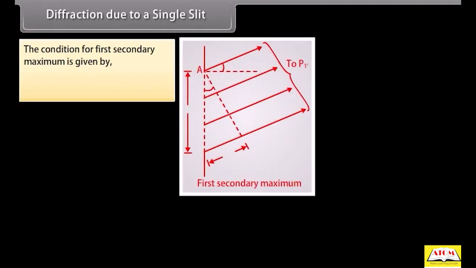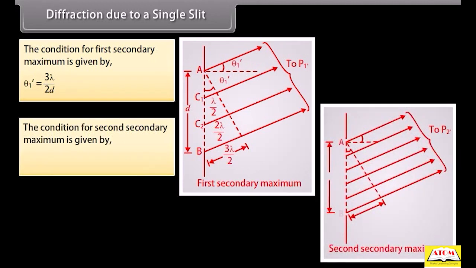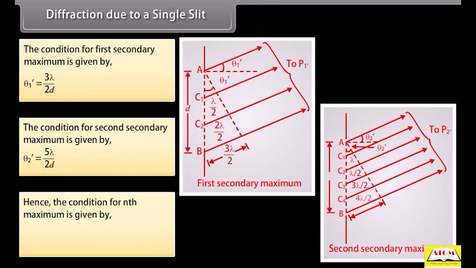The condition for first secondary maximum is given at angle theta equals 3 lambda upon 2d. The condition for second secondary maximum is given at an angle equals 5 lambda upon 2d. Hence, the condition for nth maximum is given at an angle equals (2n plus 1) lambda upon 2d.